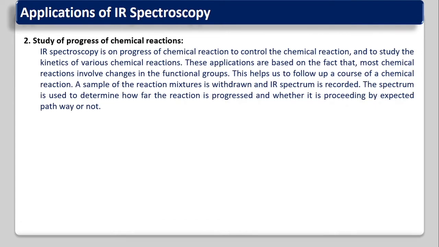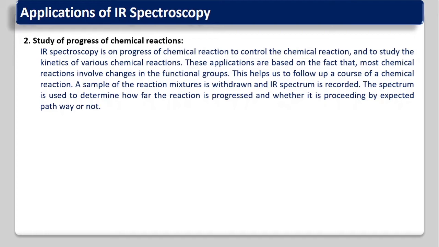IR spectroscopy is used on the progress of chemical reactions to control the reaction and to study the kinetics of various chemical reactions. These applications are based on the fact that most chemical reactions involve a change in the functional group, and this helps to follow the course of the reactions. A sample of the reaction mixture is withdrawn and the IR spectrum is recorded.